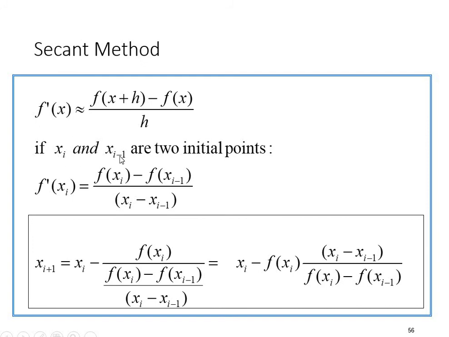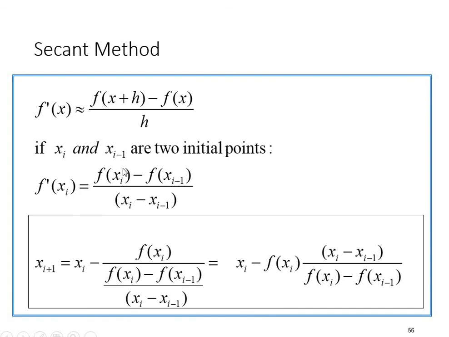So if x_i and x_{i-1} are two initial points, then your estimate for f prime of x_i is equal to, this one is x plus h, so it is the preceding term: you put the one which is greater, f of x_i minus f of x_{i-1}, the preceding term, over x_i minus x_{i-1}.